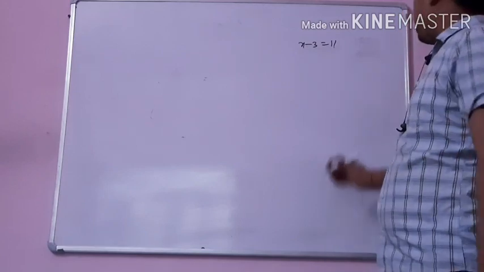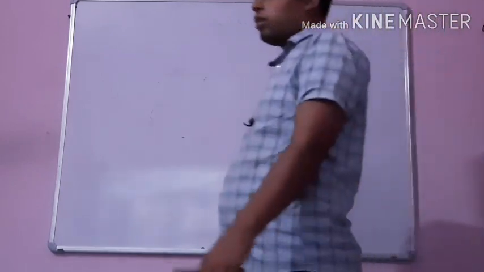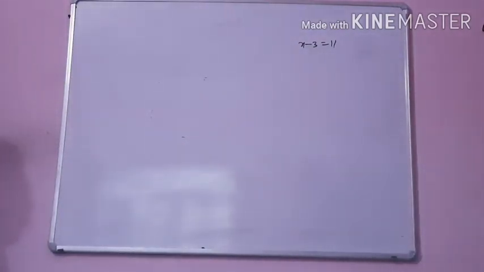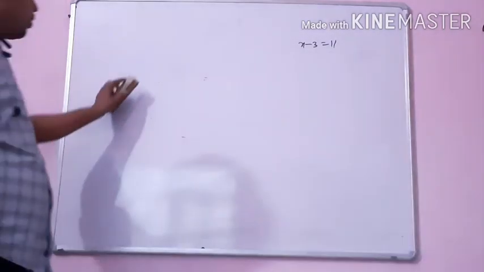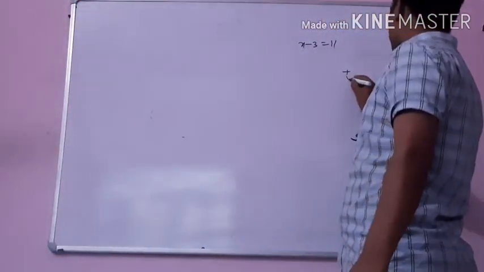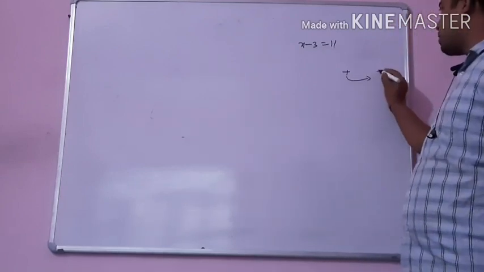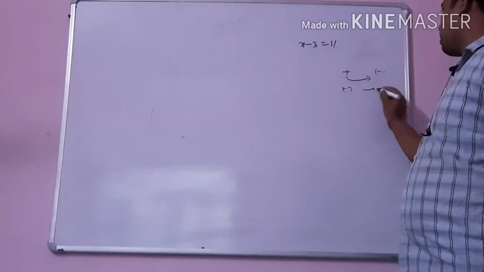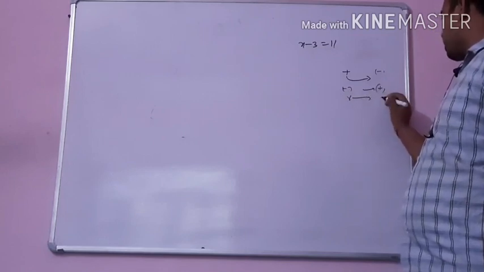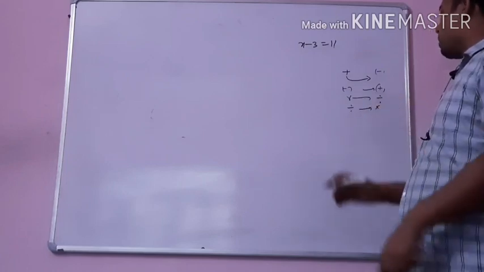One thing to remember: whenever you transpose any number from one side to the other side, you must remember the sign change. Plus becomes minus, minus becomes plus, multiplication becomes division, and division becomes multiplication.